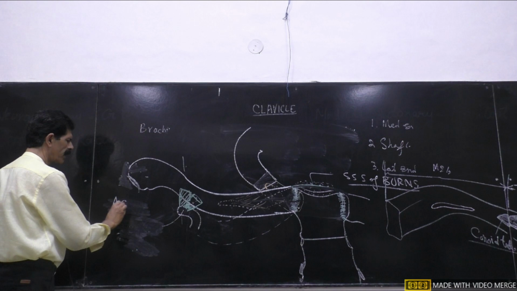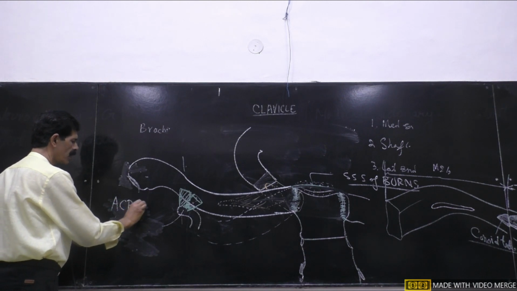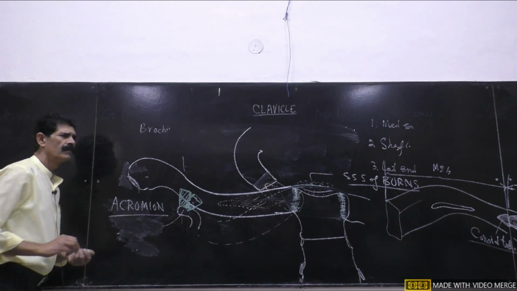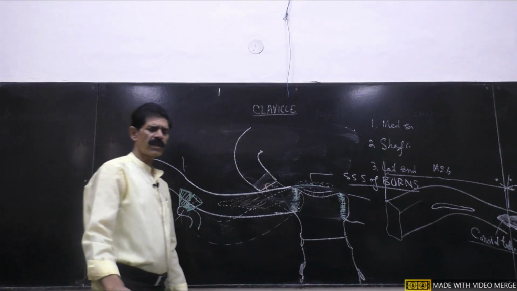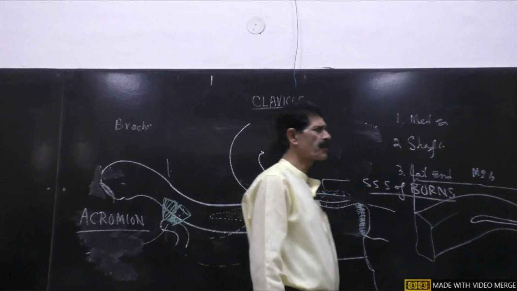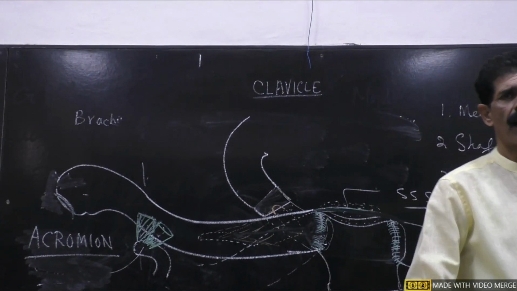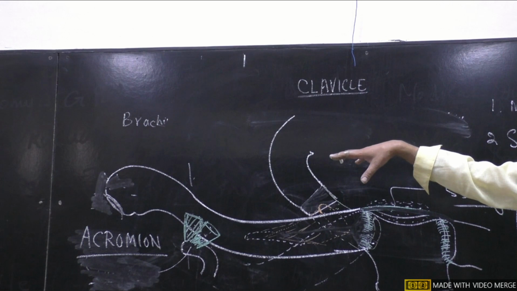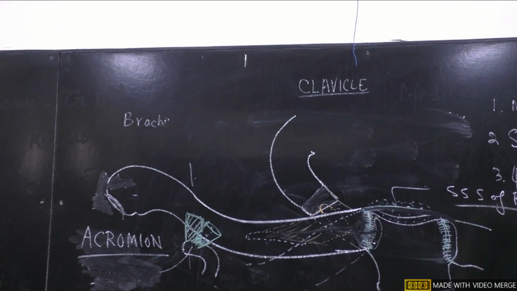Again a new word, write it down: acromion. The acromion process of the scapula spine. So it articulates with it, so the lateral end of the clavicle is also fixed to the scapula.